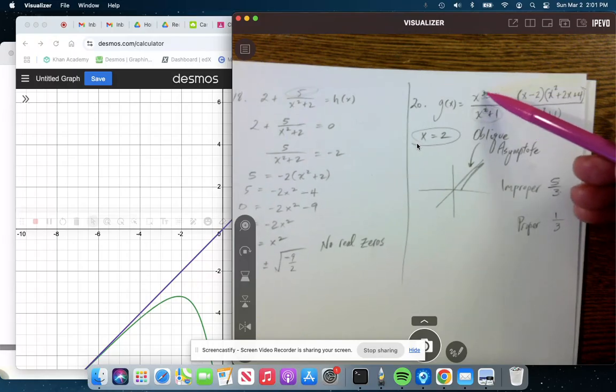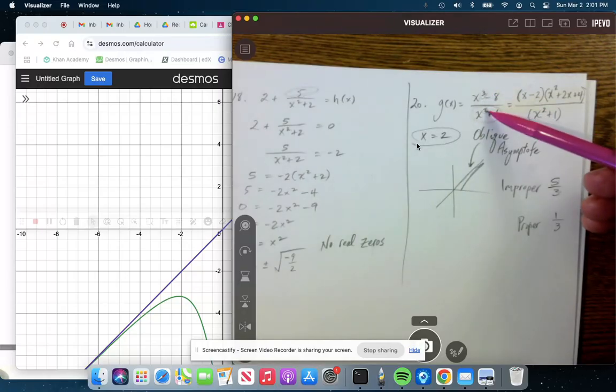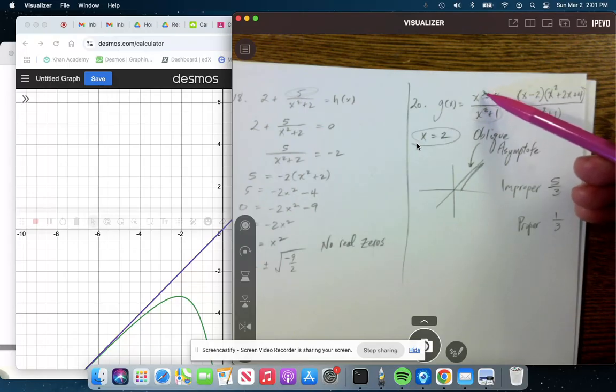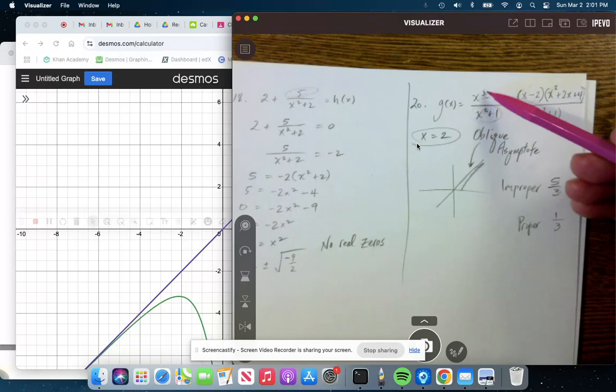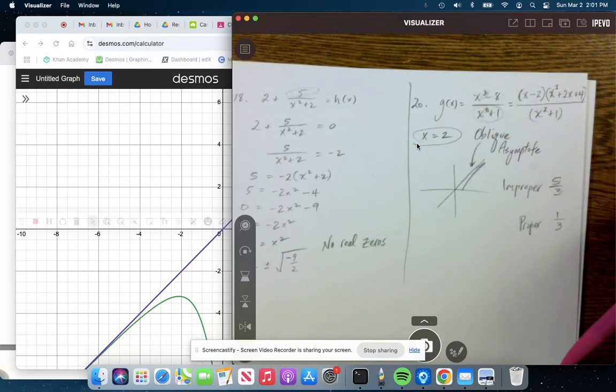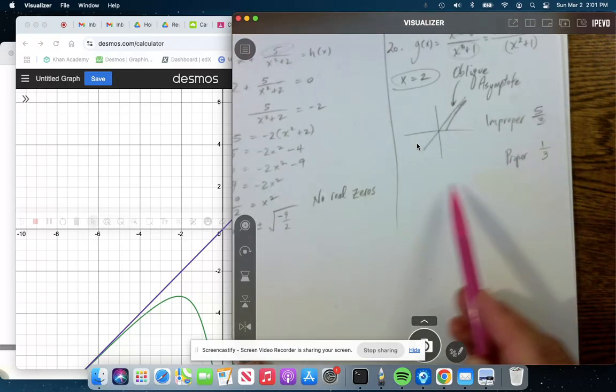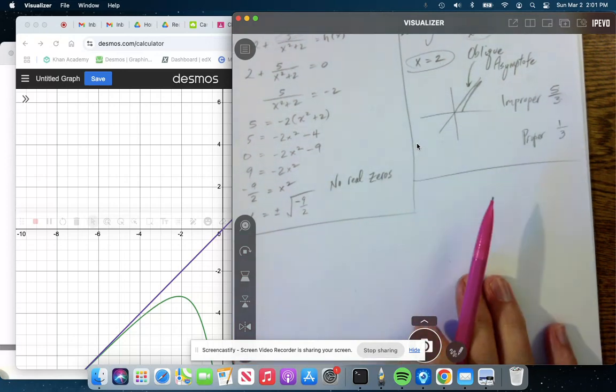If the degree of the numerator and the denominator are the same, you'll get a horizontal asymptote, but not at 0. And if it's a proper fraction where the top degree is smaller than the bottom degree, the x-axis itself should be a horizontal asymptote.